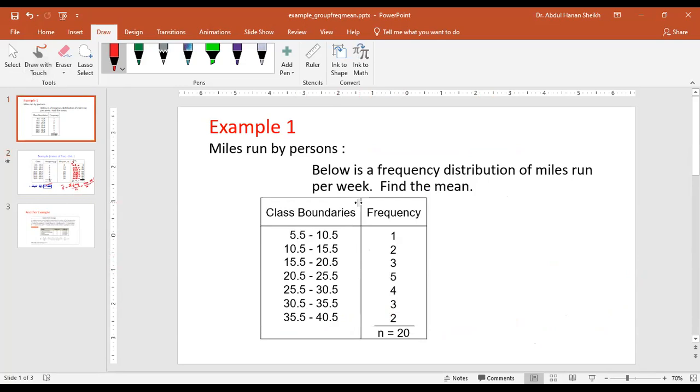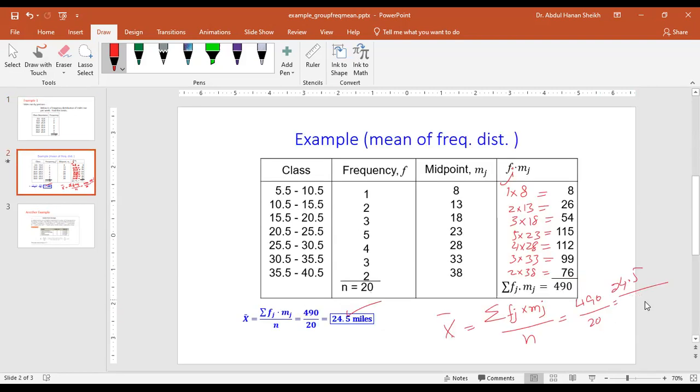Now, how will you read or interpret this? On average, every person ran 24.5 miles.